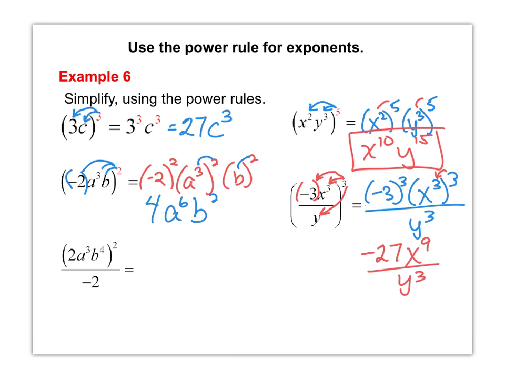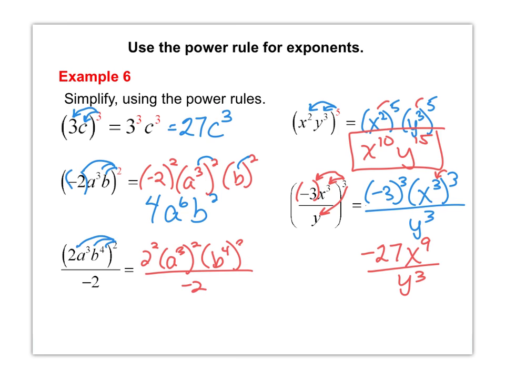Okay, the last example in the bottom left, we want to share that power of 2 with all terms that are in the parentheses in the numerator. And that is going to look like 2 to the second, a to the third to the second, b to the fourth to the second, all over negative 2.